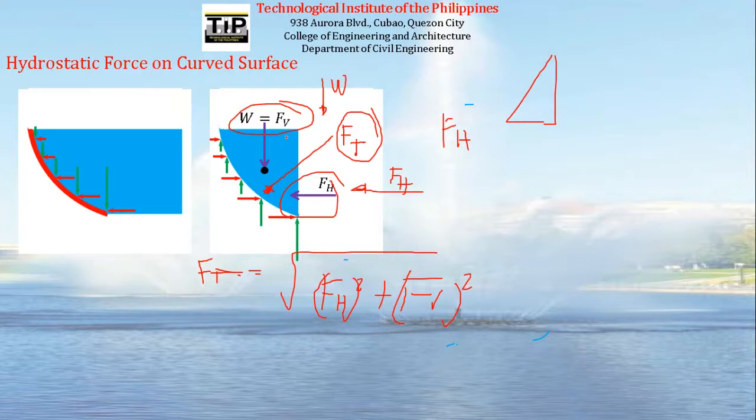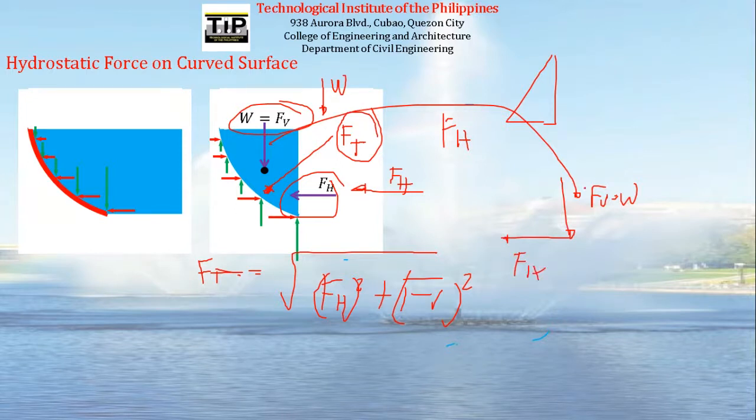Okay? So basically, we can reduce this to a right triangle. When you see it, you have this y component, F sub B equal to W. And then we have F sub H, the horizontal.